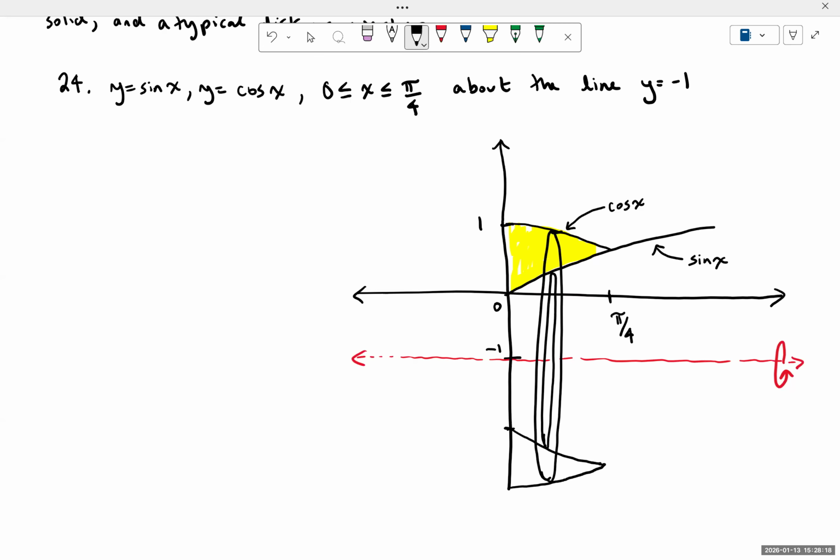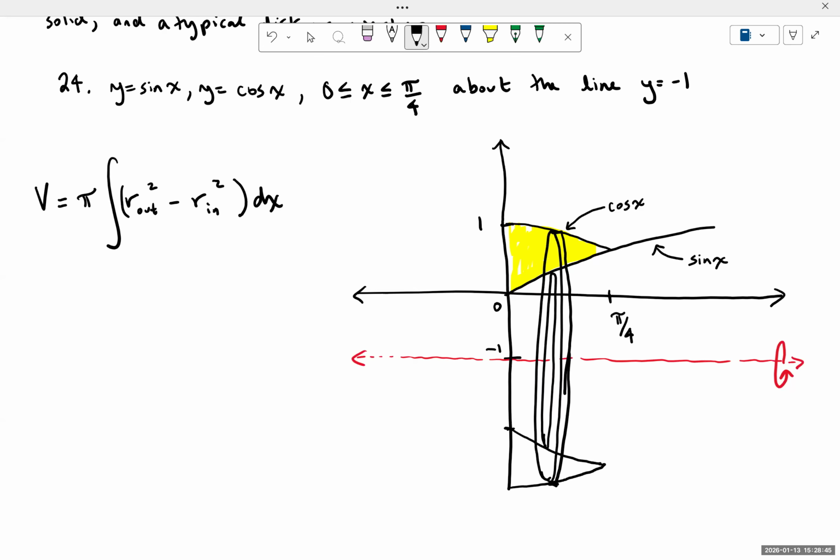The thickness is going to be in the x coordinate, so we are going to be taking the integral with respect to dx. So the volume is pi, from wherever to whatever, of r out squared minus r in squared, dx.